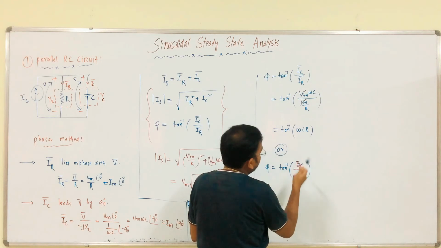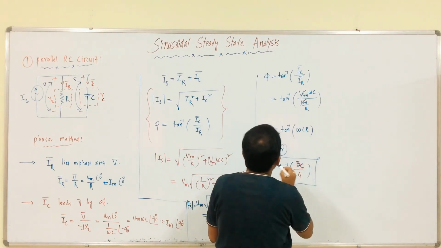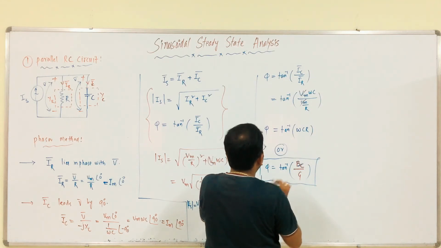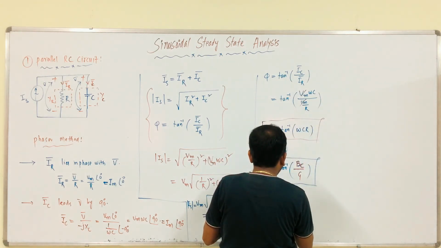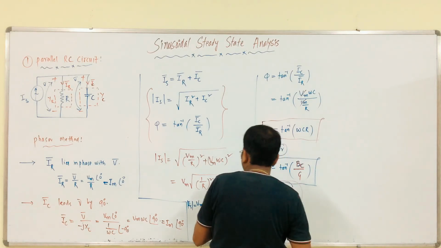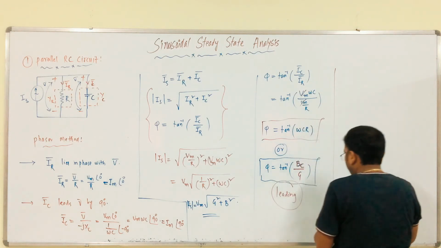Capacitive susceptance by G. This is the phase angle. Is the angle leading or lagging? Leading, right? Leading. Then we have to draw the phasor diagram.